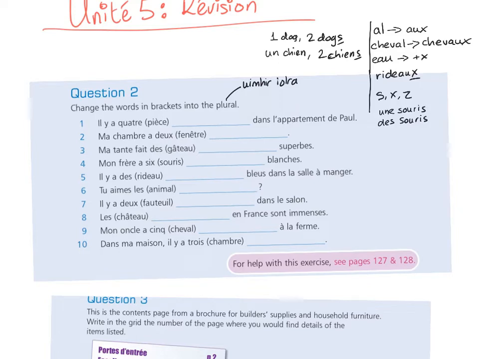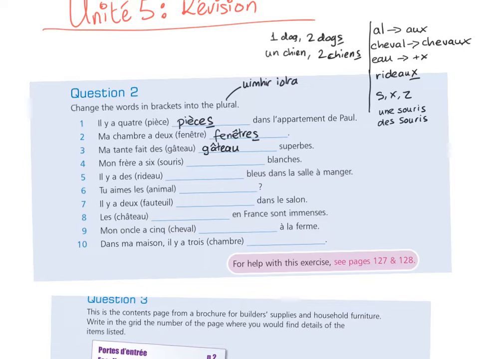Il y a quatre, there are 4 pièces. You must add an S. Ma chambre a 2 fenêtres. Add the S. Ma tante fait des gâteaux. Careful here. EAU. If you remember what we said about EAU.